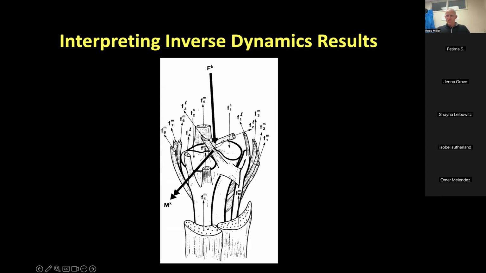Okay? So generally speaking, this diagram is showing, one, things we've already seen, the net force from inverse dynamics at the knee and the net torque from inverse dynamics at the knee. But it's also showing all the forces in all the individual structures that span the knee here, all the forces in the muscles and their tendons, all the forces in the ligaments, and all the articular contact forces, the forces due to surfaces of the joints squishing into each other like that.